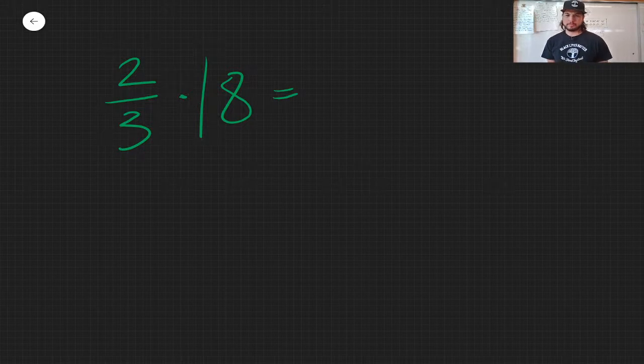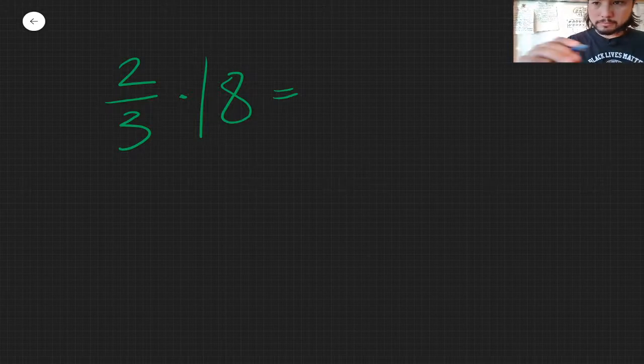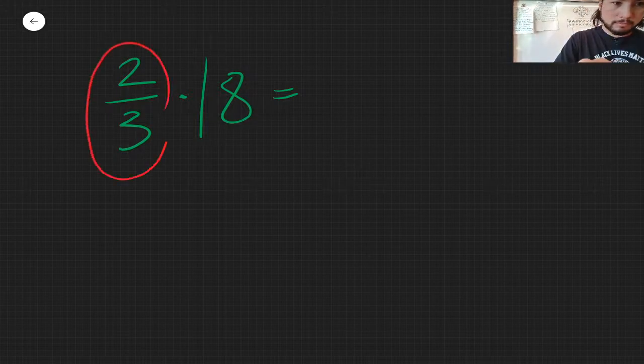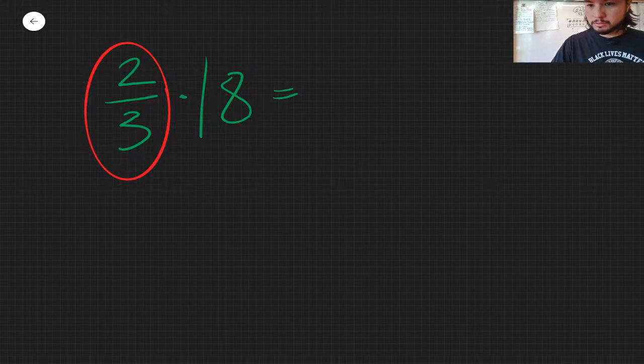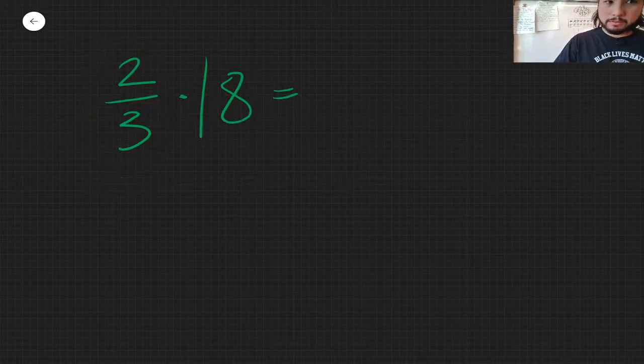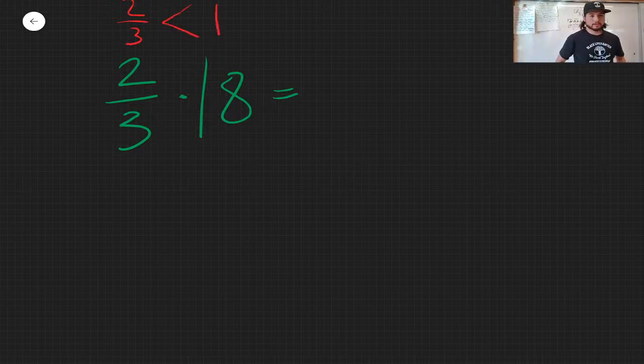Okay, I'm seeing lots of less than in the comments, and I would agree because 2/3 is less than 1. Okay, so we're making a part of one group versus repeated whole groups.